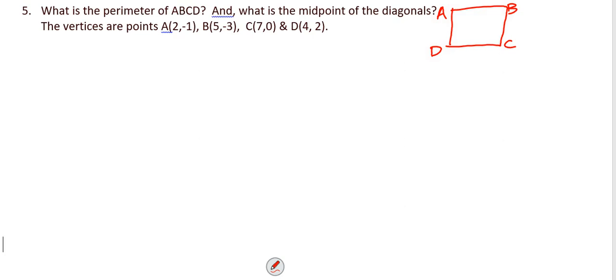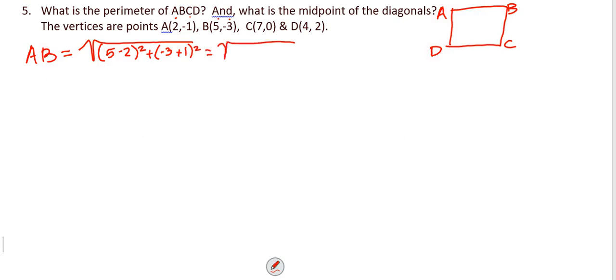So when I solve for AB, I'm going to use the distance formula because I'm trying to find the length of each of the sides. So I'm going to take my values, and I would call this x1, y1, x2, y2. So I'm going to put these into the equation like that. So that would be 5 minus 2 squared plus -3 plus 1 squared.